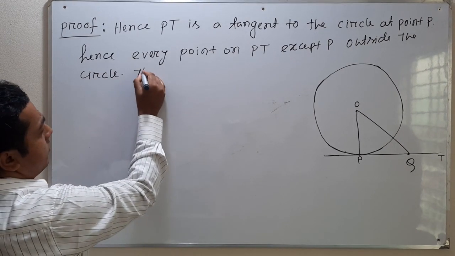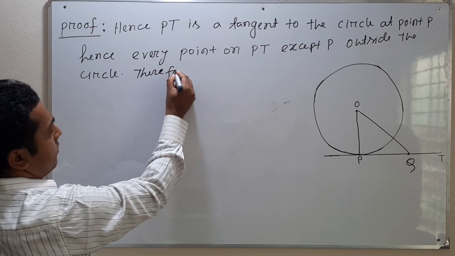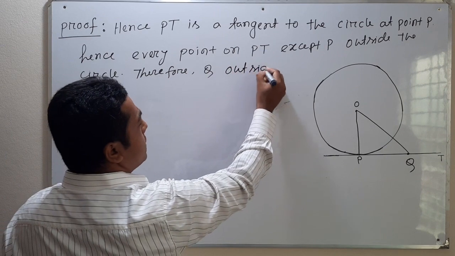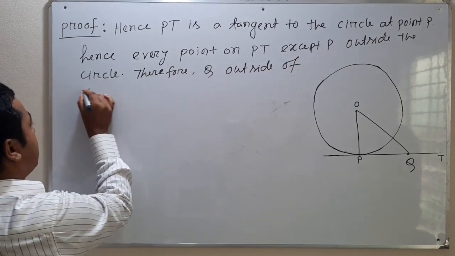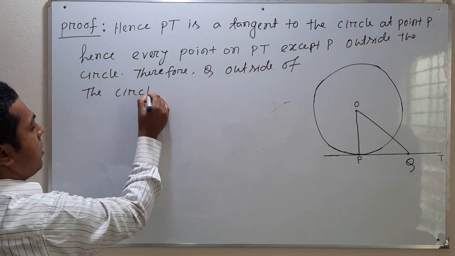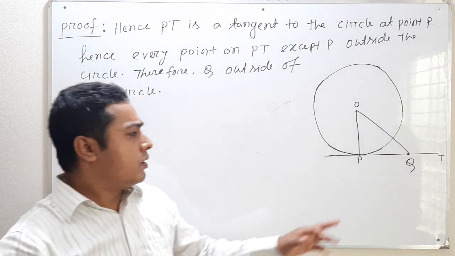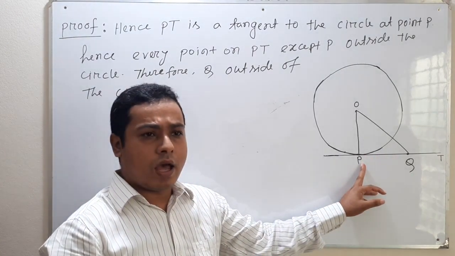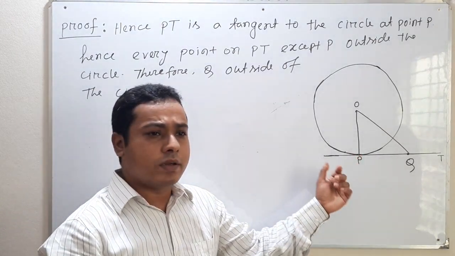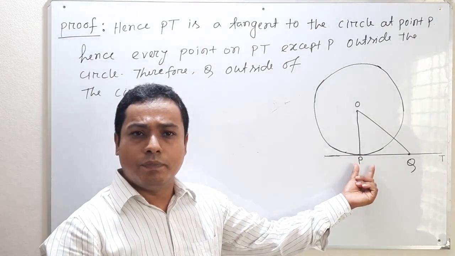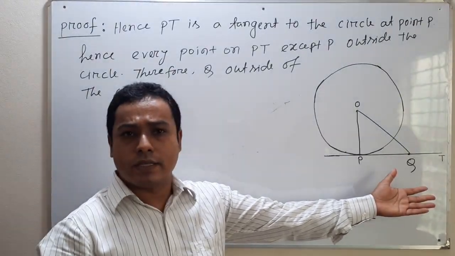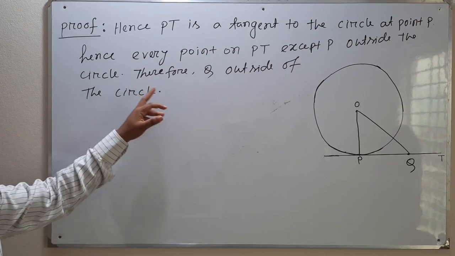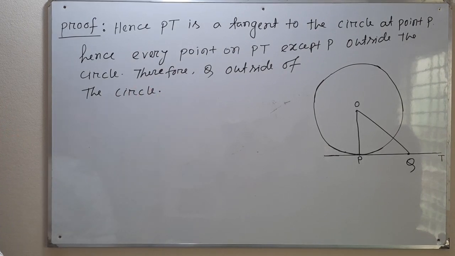So therefore Q is outside of the circle, because only P is on the circle, because the tangent is drawn at the point P. So any point on the tangent must be outside of the circle.